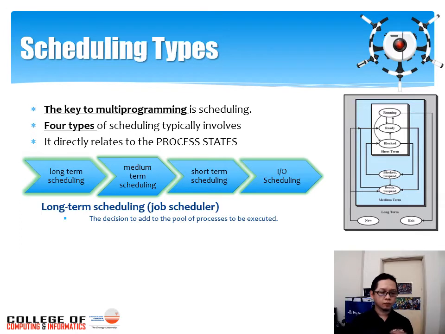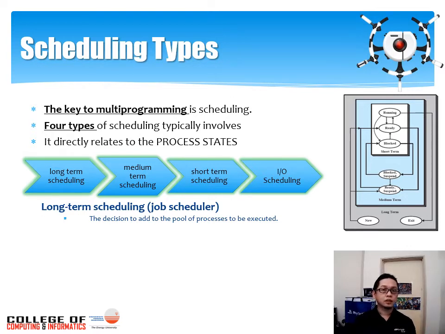First of all, long-term scheduling, or the job scheduler, is the decision to add to the pool of processes to be executed. Usually when a user clicks on, let's say, an application icon, it is up to the scheduler, in this case the long-term scheduler, to decide whether to allow that new process to be executed.